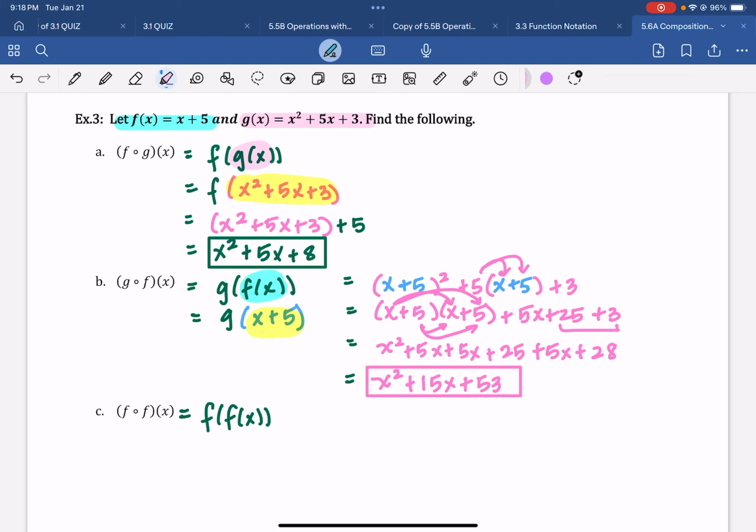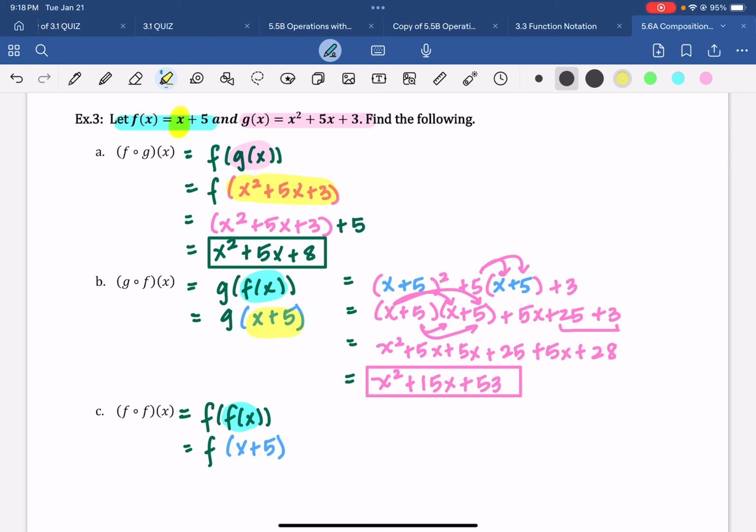And again, we always start inside and work our way out. So on the inside here is f of x. Let's write that down. It's x plus 5. On the outside, I still have an f there. And now every time I see x, I'm going to replace it, but notice I'm going back into f again.